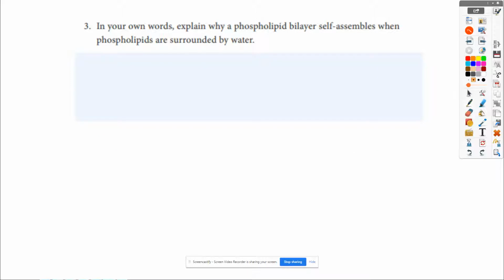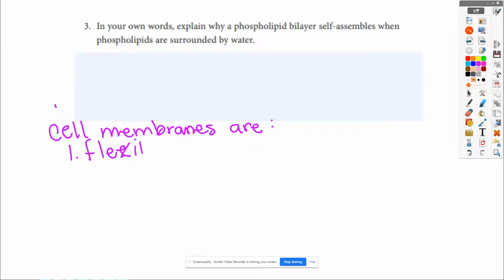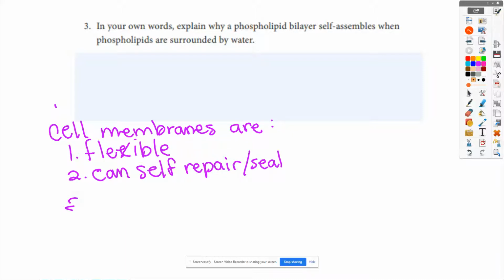What we're going to do next is actually simulate the cell membrane and learn about some of its characteristics through the bubble lab. Some characteristics that we're going to learn about through this lab is that cell membranes are flexible, they can self-repair, or they can reseal themselves if they're torn.